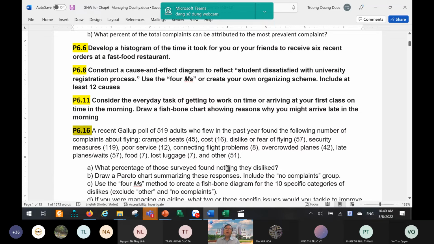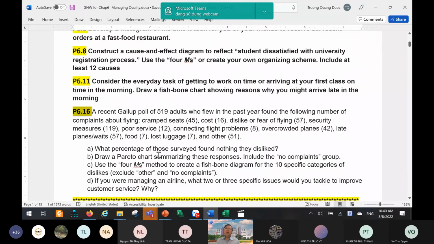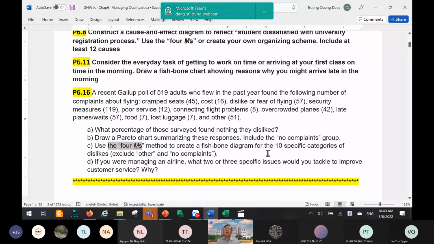They ask you about raw Pareto charts again, which is very important, and then the combination of the 4M again. You can see that in all the homework they mention the 4M and the Pareto. So be careful, maybe in the midterm exam. Is it clear?